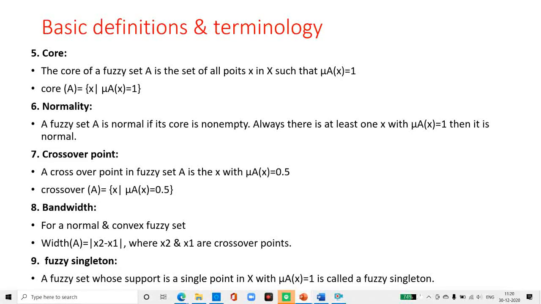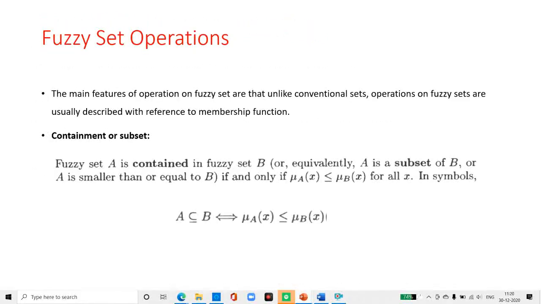So these are the basic terminologies used in a fuzzy system. The main feature of operations on fuzzy sets is that, unlike conventional sets, operations on fuzzy sets are usually described with reference to a membership function.